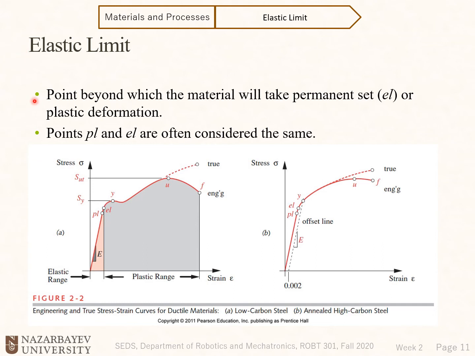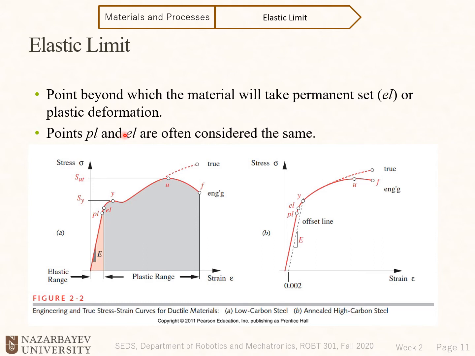Elastic limit: the point beyond which the material will take a permanent set, or plastic deformation. So this is the EL, yes? Beyond that EL, we will take a permanent set, yes? The permanent deformation of the material.